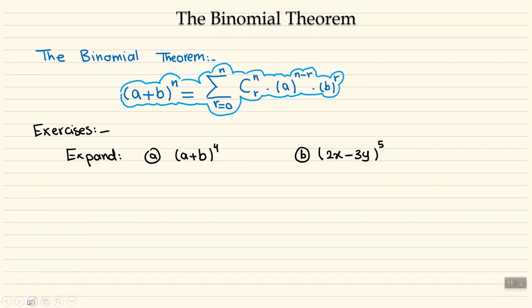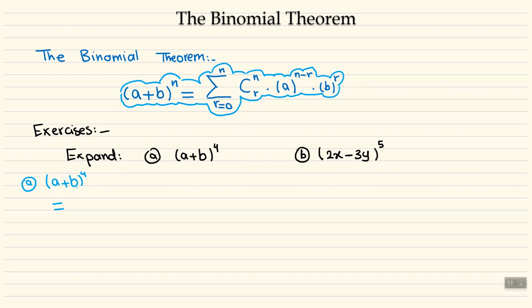Let's check the first one. So A. What we want to expand is a plus b to the power of 4. So according to the binomial theorem, this equals the summation, where r is equal to 0 up to n, of combination n r, a to the power of n minus r, b to the power of r. What does that mean?